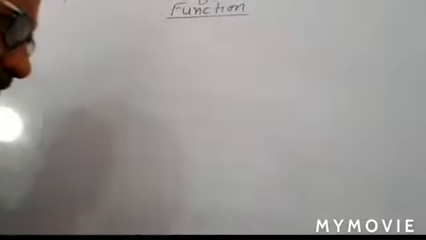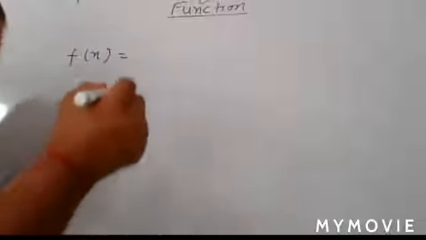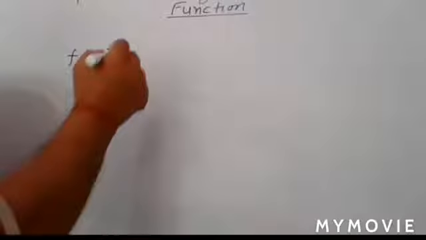If you solve RD Sharma, are you solving the questions from RD Sharma? Okay, wait beta, I will tell you one thing. So write here, find the interval in which the function is strictly increasing or strictly decreasing. The first part: f(x) is equal to 10 minus 6x minus x square.